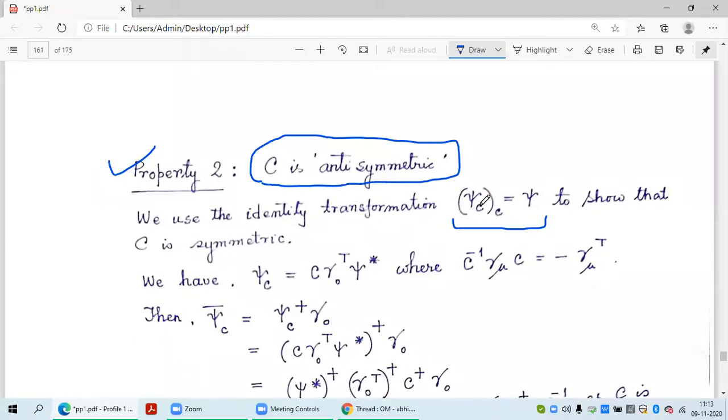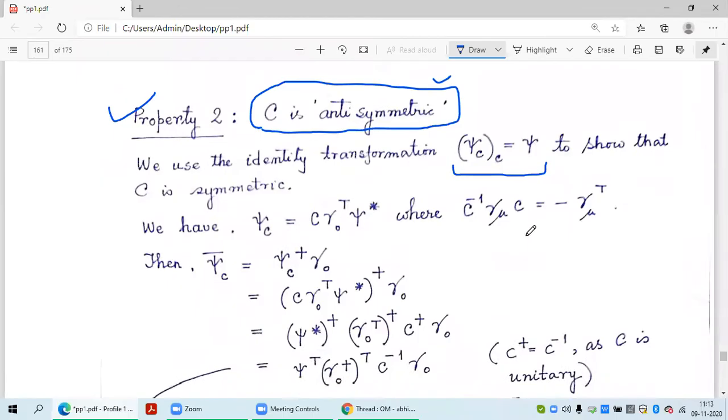And again, charge conjugation means reverting the antiparticles back to their particles. Therefore, by this notation, the charge conjugation of this field psi C will again give you the original field psi. This is an identity transformation, twice charge conjugation. You can see that C is antisymmetric if this has to follow.